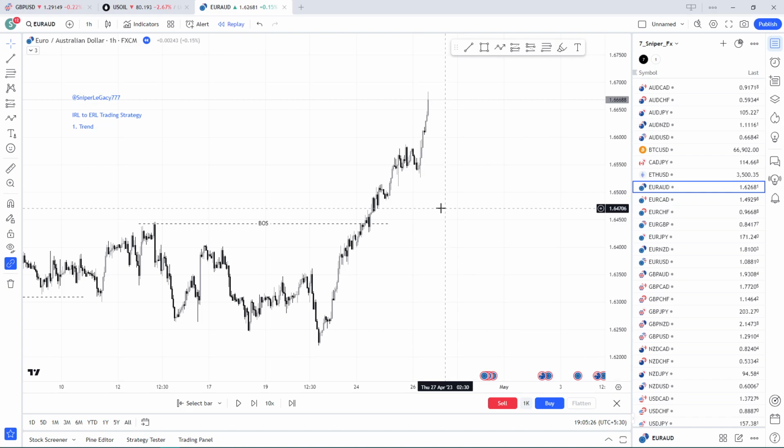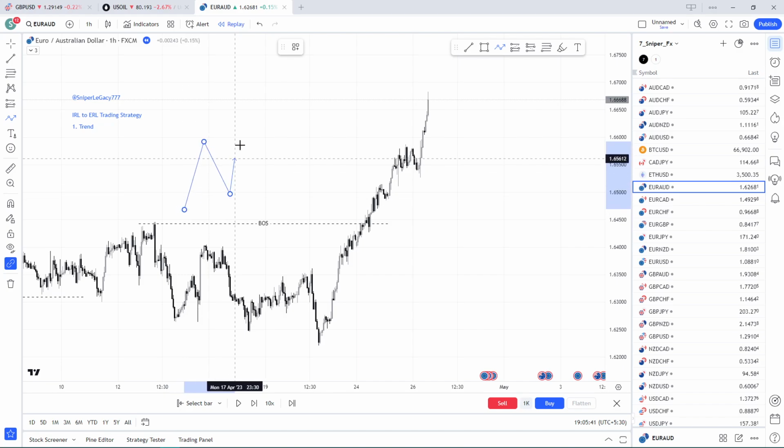So in finding the IRL to ERL strategy, the first thing is trend, and we know for a fact that it is an uptrend. In any trend, uptrend or downtrend, we will have highs and lows.